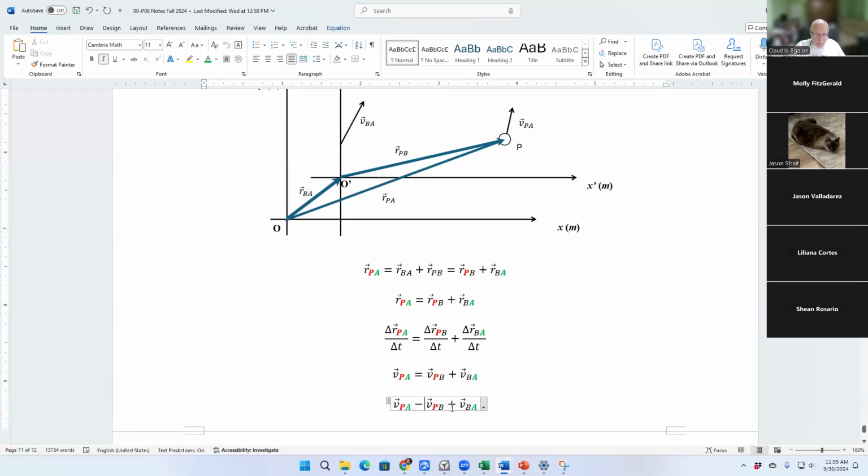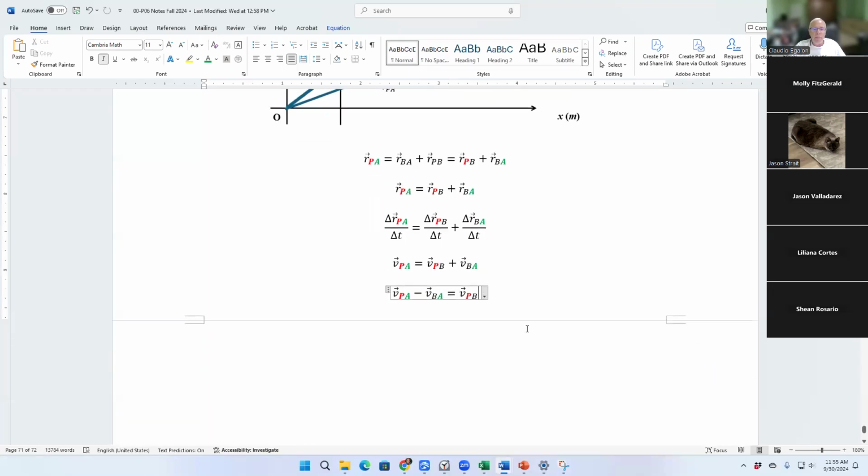VPB minus VBA equal to VPB. VPA minus VBA is equal to VPB. Okay? So we managed to find a more generic equation for relative motion.